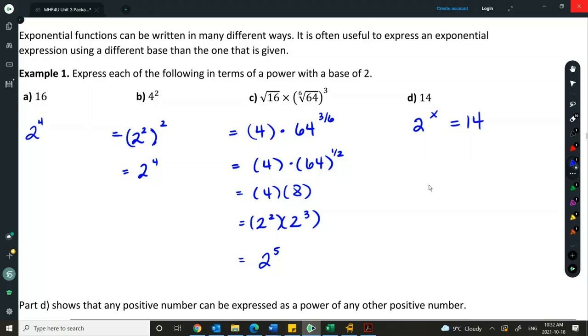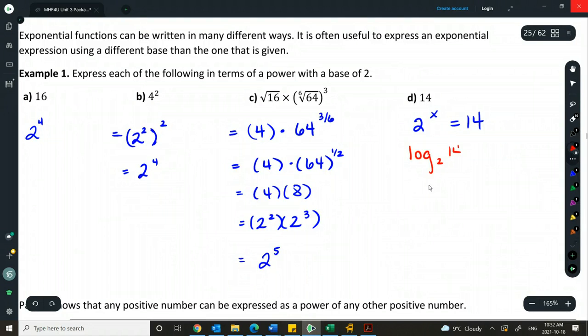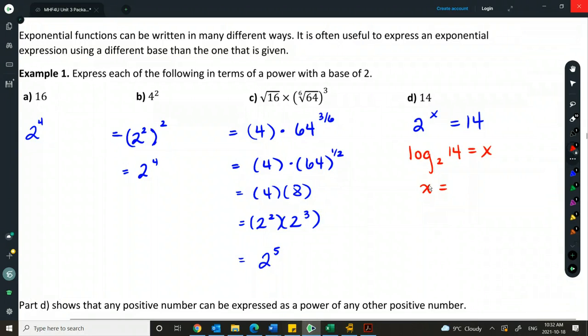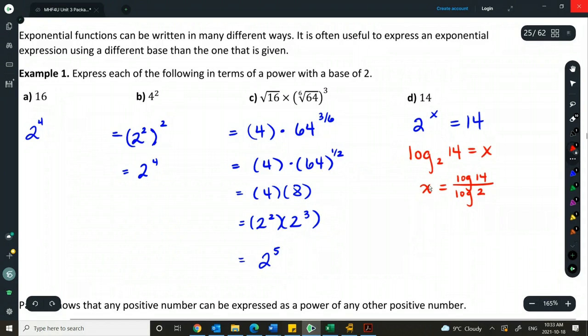Okay? So here's what we're going to do. We're going to express this in logarithmic form. So switching from exponential into logarithmic. So practicing that skill again, it will be log base 2 of 14 equals x. And then if we wanted to actually calculate this, which we're actually not going to, but we would express this using the change of base formula as log 14 over log 2.